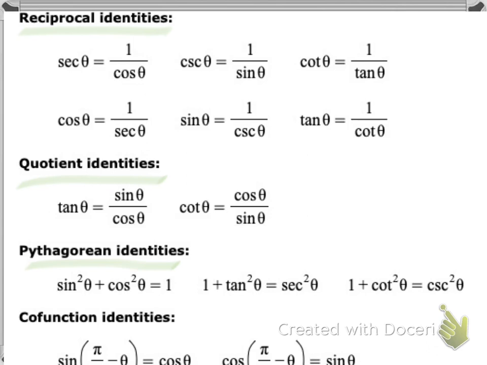Those are the three things that a lot of these proofs use to show the identities. So have this close. Eventually this will become second nature to you. You'll use some of these things in calculus for sure, but having it close by while you're working through your homework is really going to make a big difference.